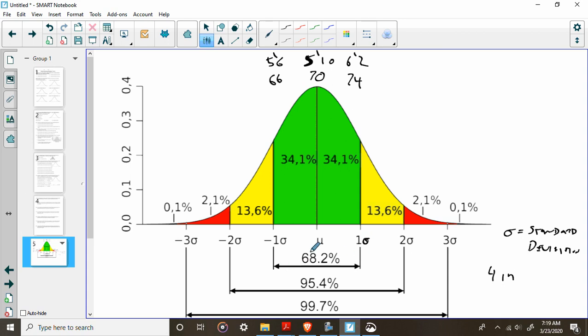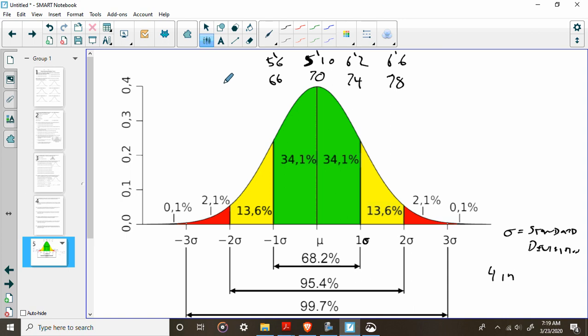That's more than 2/3. So think about the men that you know in the world. Would you say that about 2/3 of them are between 5'6" and 6'2"? Yeah, probably. So if this is average height, these are the guys who are a little bit shorter and a little bit taller. If we went on to second standard deviation, we'd be at 78 inches, which makes you 6'6".